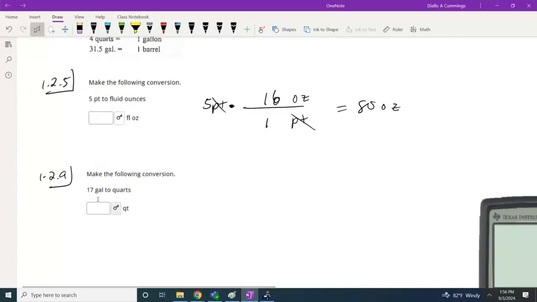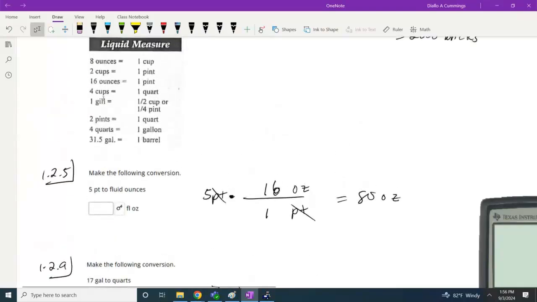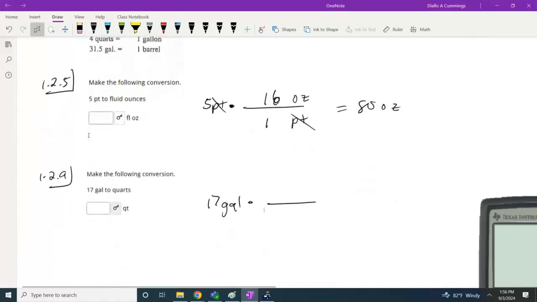The next one says make the following conversion: 17 gallons to quarts. If I look back at my conversions, there is a conversion from gallons to quarts. 1 gallon is 4 quarts.